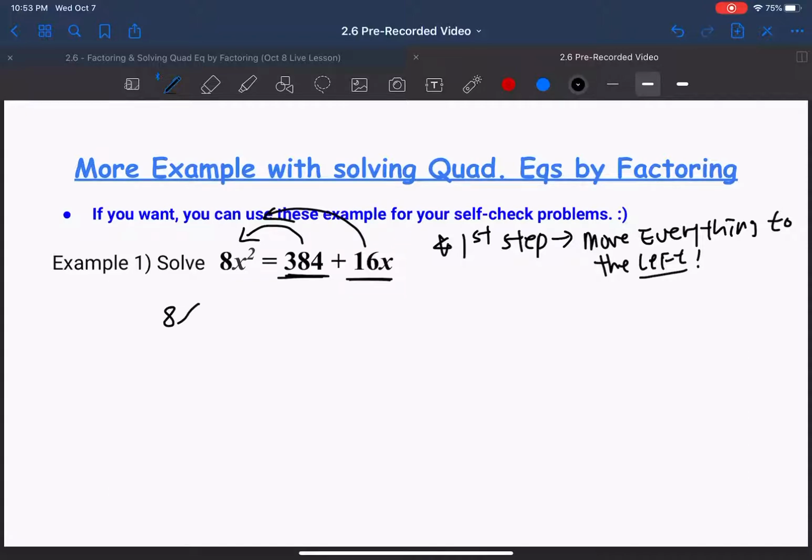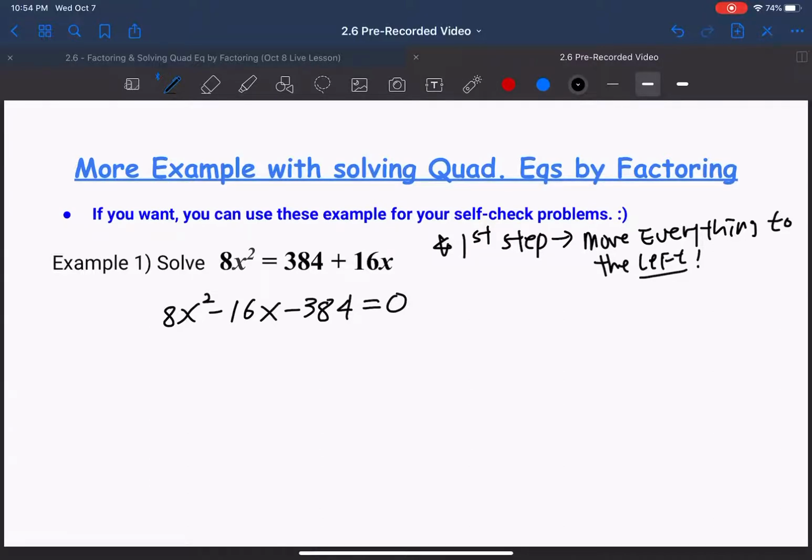So let me skip that step. It will be 8x squared minus 16x minus 384 equals 0. I moved everything to the left-hand side, and when you move your numbers or variables, the sign changes.